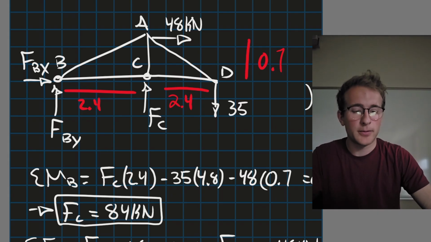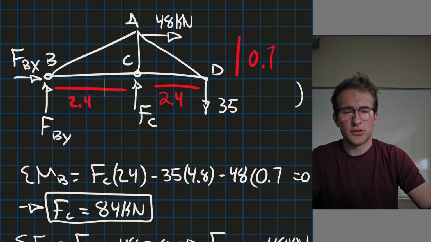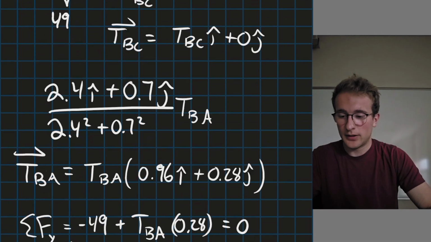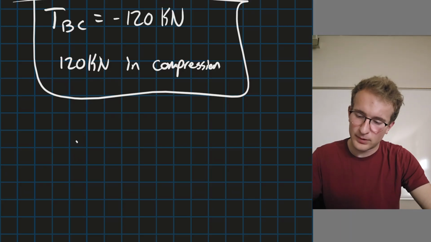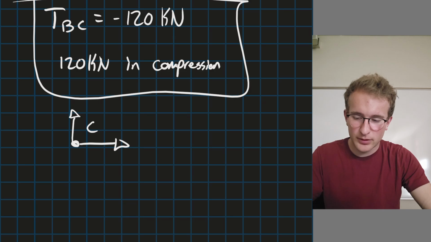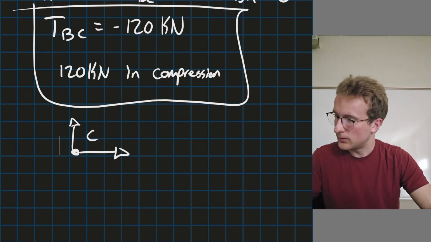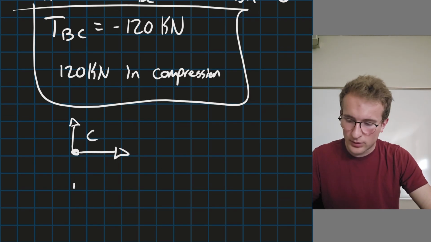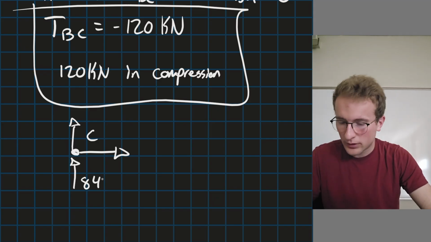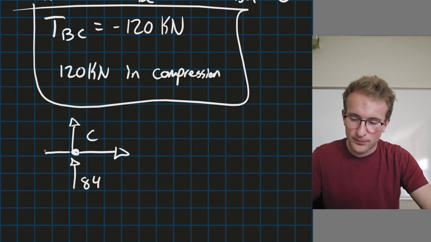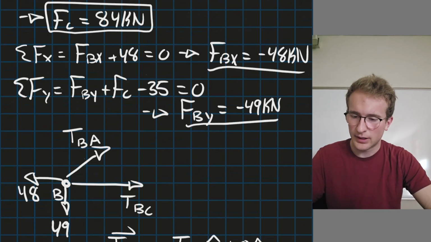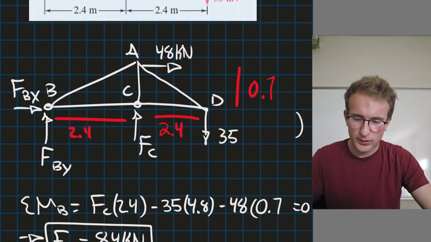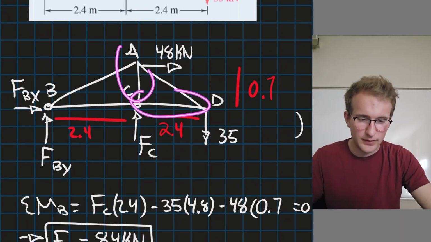So now we can look at point C. Let's draw all the forces on point C. Tension there, that is unknown. Tension there, that is unknown. We have the reaction force we solved for, 84 kilonewtons. We have a tension from that beam. Let's label these, CD and CA.